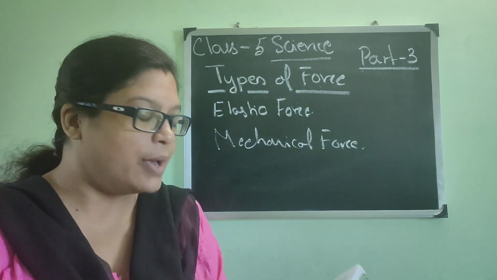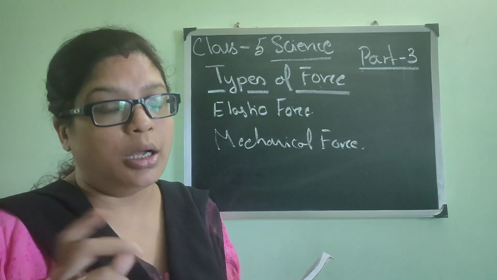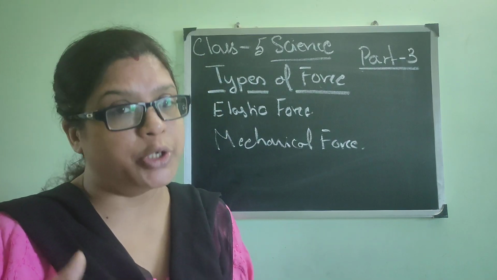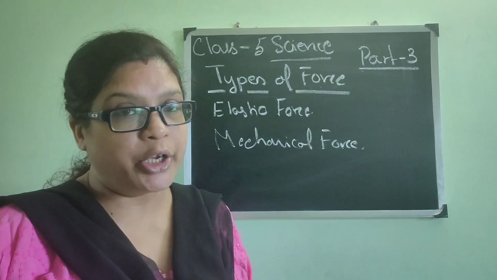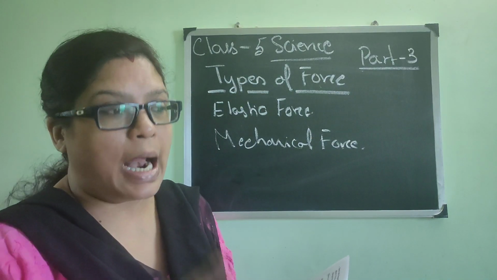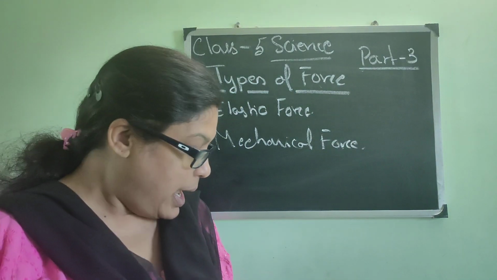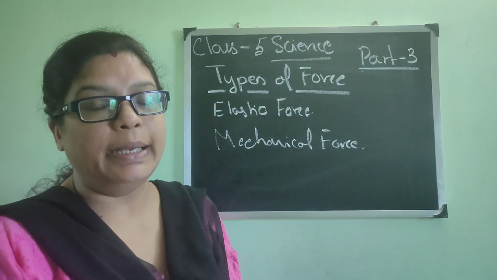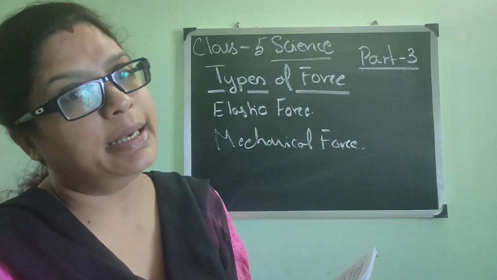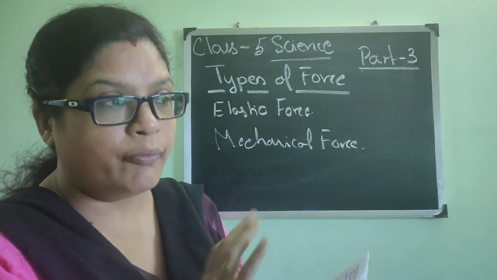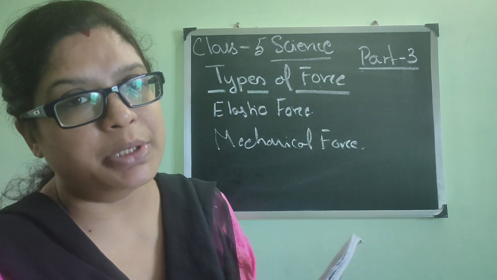And after that we have started different types of force: muscular force, for which we need muscle; gravitational force, where whenever you throw something up, ultimately it falls down; and frictional force, when you are pushing or pulling something, ultimately it stops due to the friction with the surface on which the object is moving.